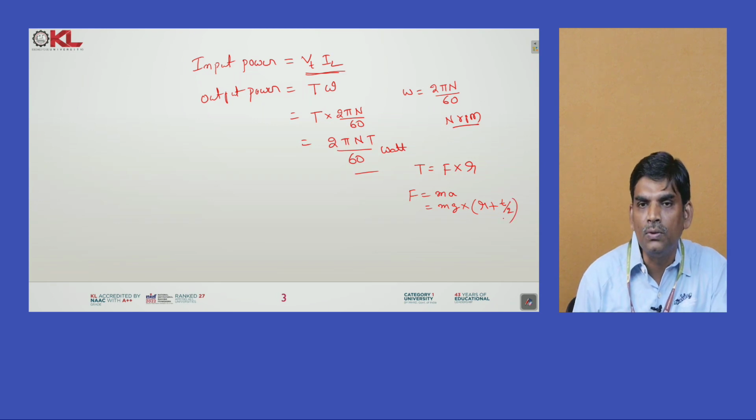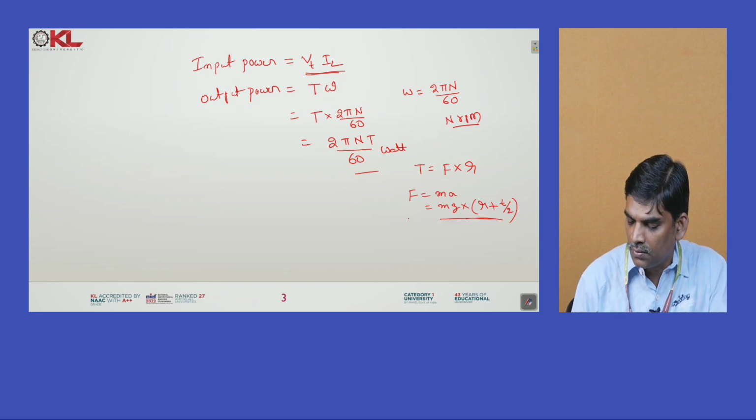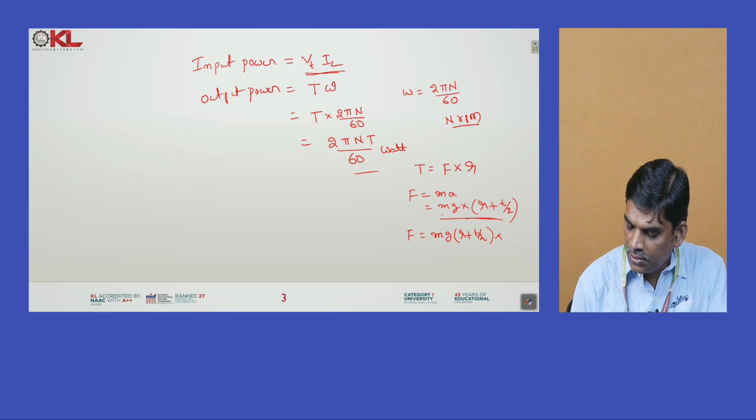So thickness t by 2 is added to the radius on one side, for clarity. So F is equal to mg, and torque is equal to mg into r plus t by 2. Torque is nothing but mg into the radius of the pulley.